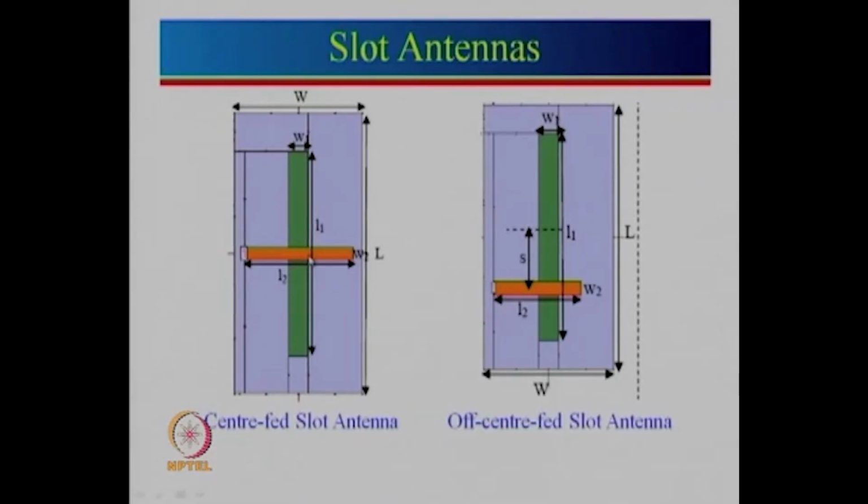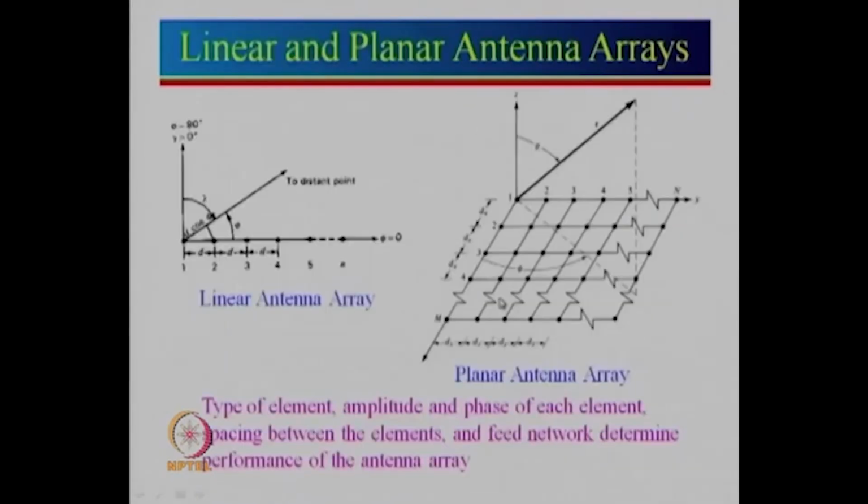Now you can see that if current is 0, impedance is given by voltage divided by current. So if voltage has a finite value, current is tending towards 0, this impedance becomes very large. So that is why instead of using a center fed slot antenna, many times an offset fed slot antenna is used, so that a proper impedance matching with, let us say, a 50 ohm coaxial feed can be obtained.